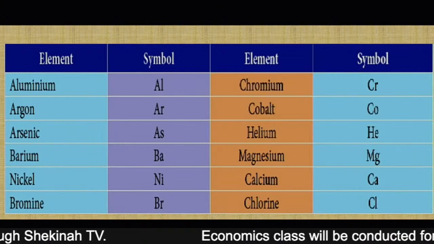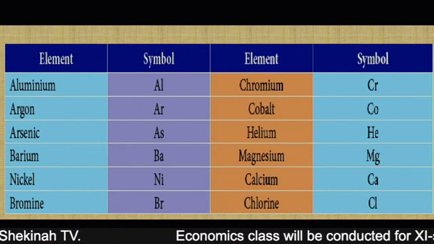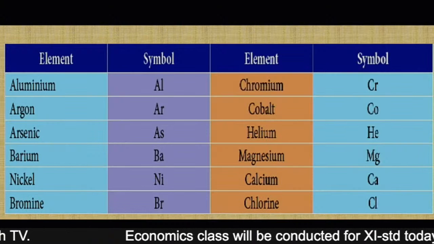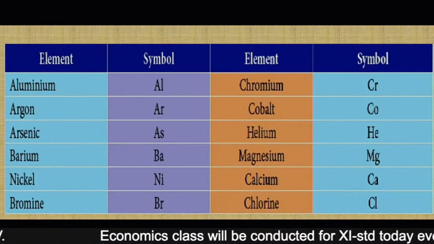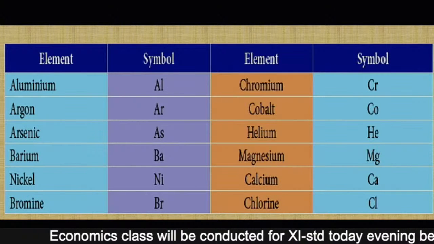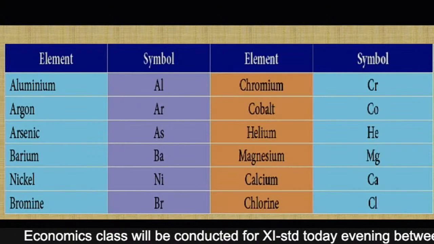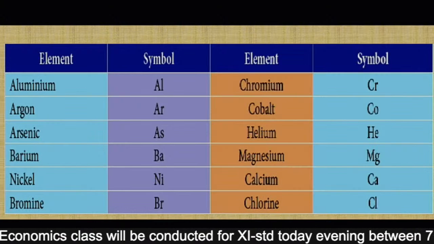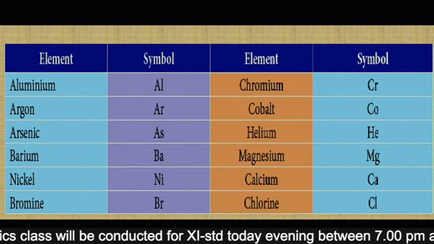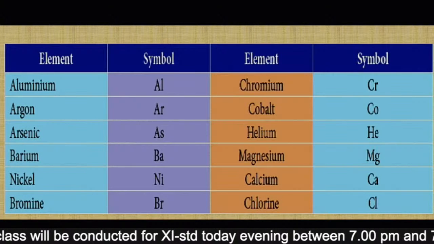Capital letter A, small letter S. Next, the symbol of barium is capital letter B and small letter A. The symbol of nickel is capital letter N and small letter I. Next, the symbol of bromine is capital letter B and small letter R.